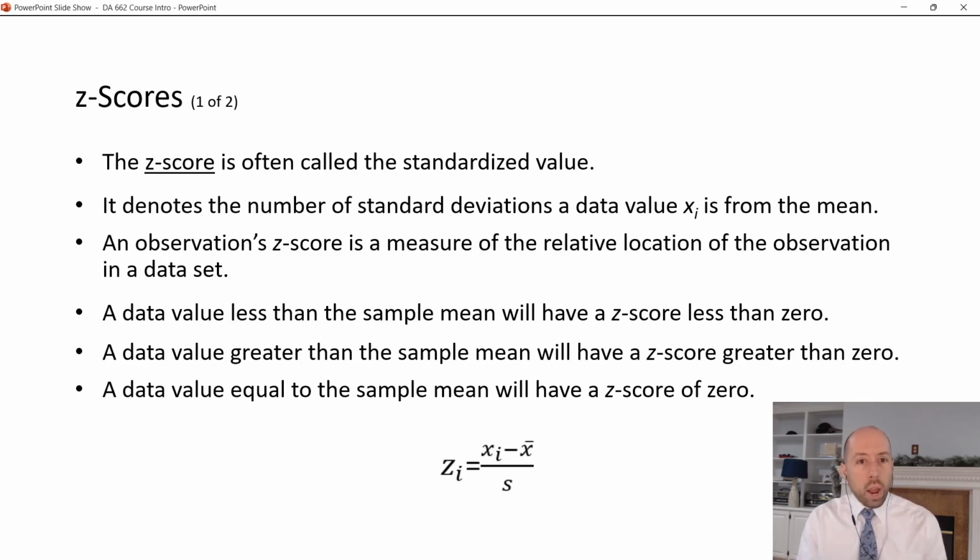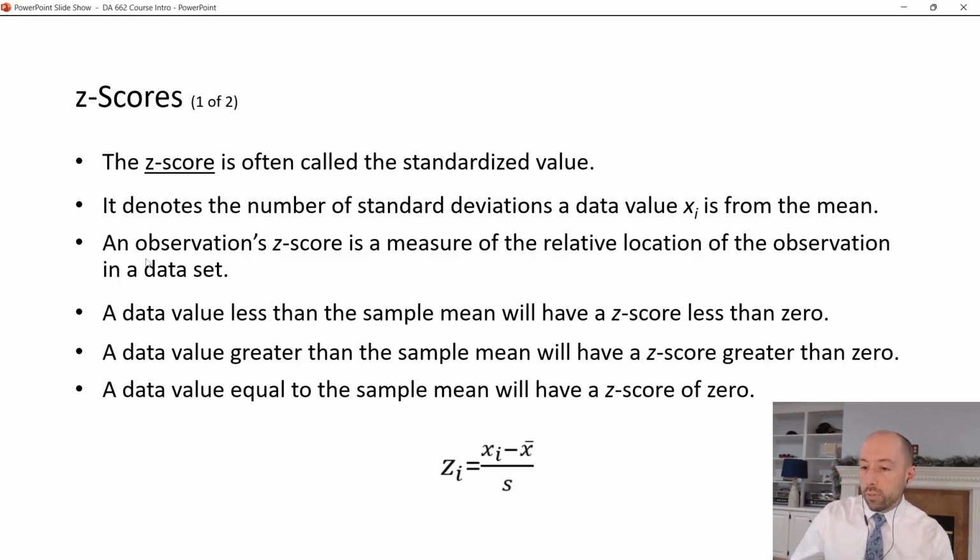So how would I arrive in a world where the units that I use don't impact the decisions that I make, and it doesn't matter whether I measure your height in inches or centimeters, and it doesn't matter whether I use Fahrenheit or Celsius? Well, statistical distance is going to be unitless, and it'll just tell me how far above or below average an observation is based on the standard deviation of the original data.